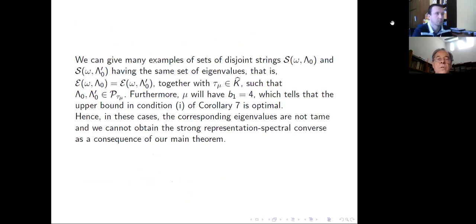Well, now the opposite is that there are many examples of sets of disjoint strings, totally disjoint, having the same set of eigenvalues. So for these cases, we can show that the condition in corollary 7 is optimal in the sense that in these cases, the corresponding eigenvalues are not tame, and then we cannot obtain the strong representation spectral converse as a consequence of our main theorem.